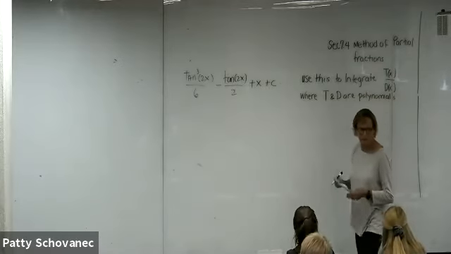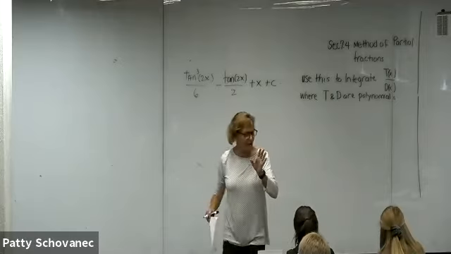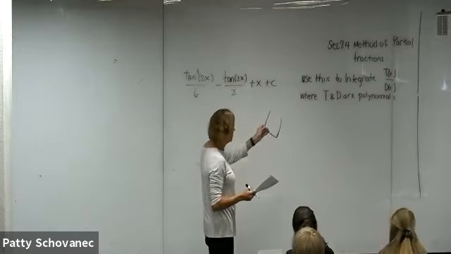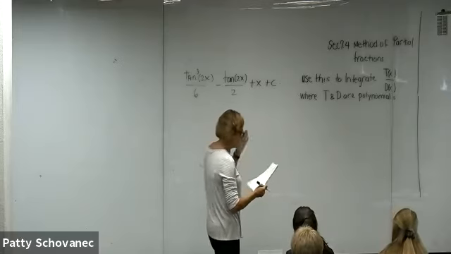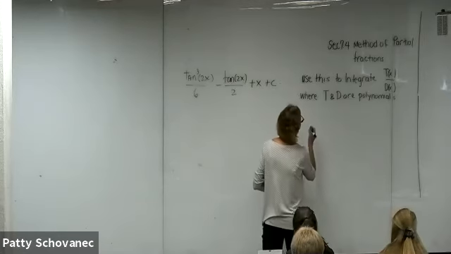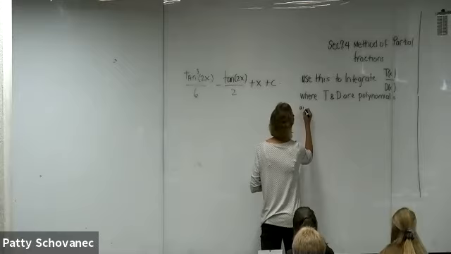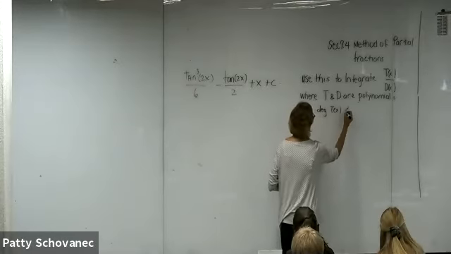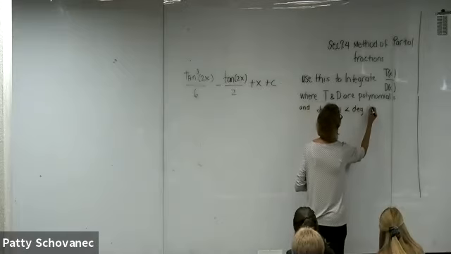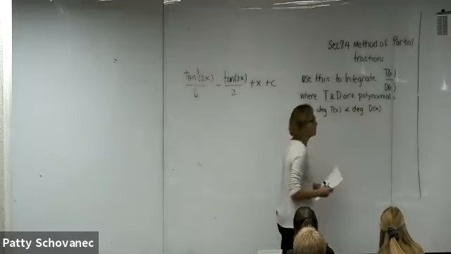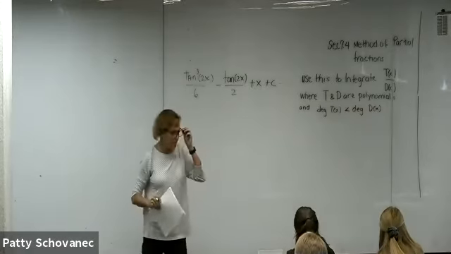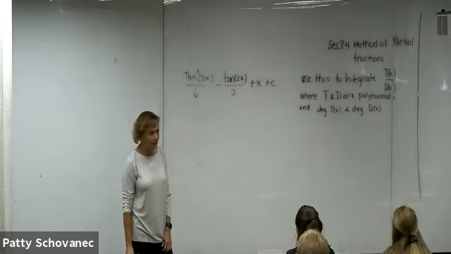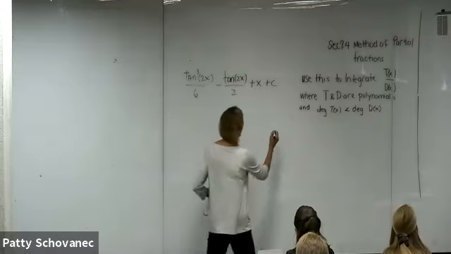So we don't have funky exponents like half powers or anything like that. They're not hidden in square root signs. Everything's nice polynomial behavior type things. And the degree on top is smaller than the degree on bottom. So in other words, our fraction is in reduced form. And if it's not, what if the degree on top is greater than or equal to the degree on the bottom? Divide first.